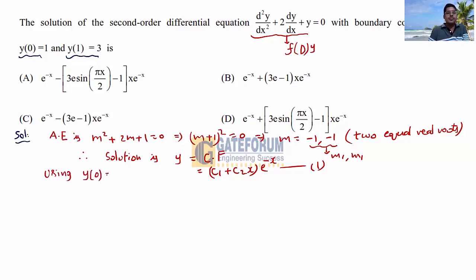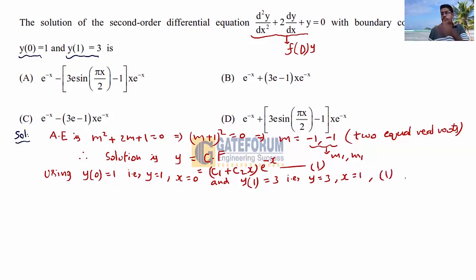Using y of 0 equal to 1, that is y value 1 when x is 0, and y of 1 equal to 3, that is y value 3 when x is 1, equation 1 gives: 1 equal to c1 into e power 0, so c1 is 1.